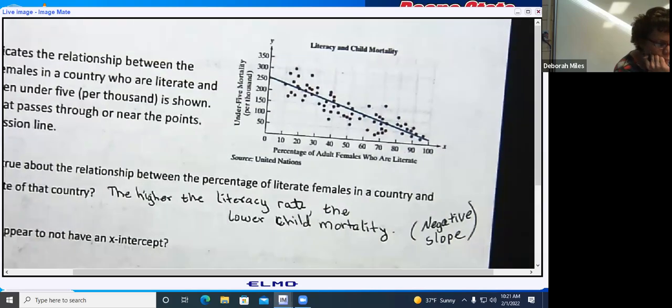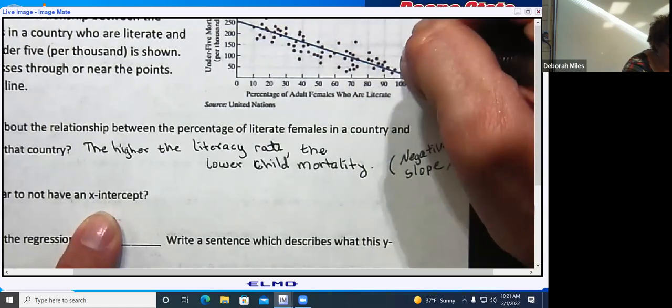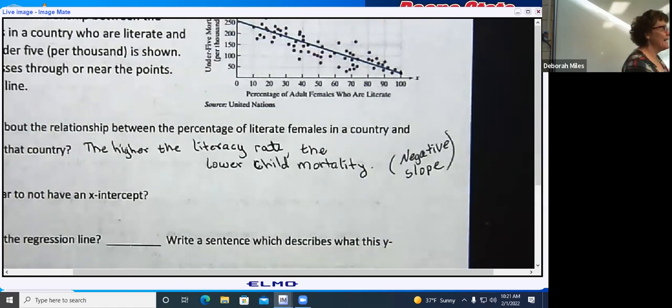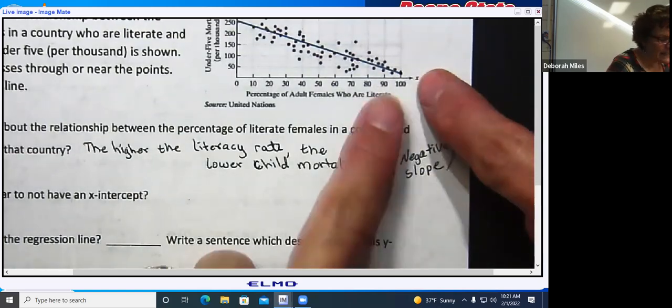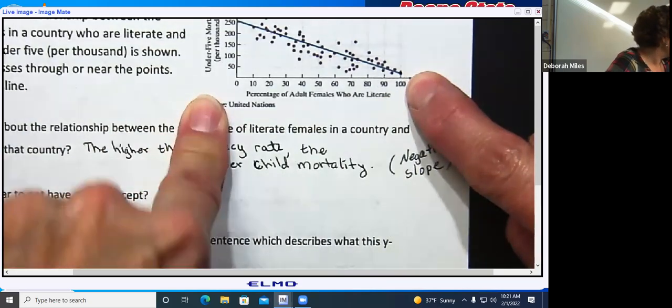All right. Why does the graph not appear to have an x-intercept? Why does it stop right there and not touch the x-axis? Well, you definitely can't have a negative number of deaths among children. Also, there's no country that has 100% literacy. So right on the x-axis, that would be where you had 0 infant mortality.